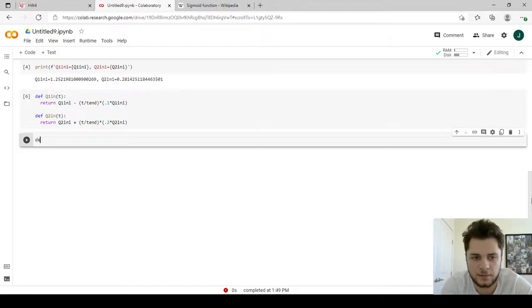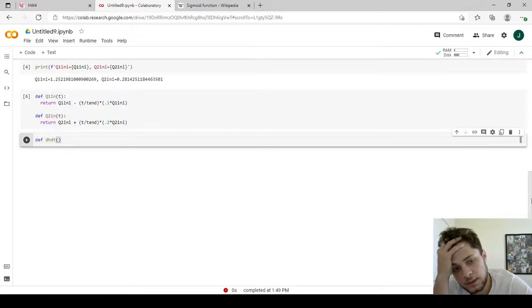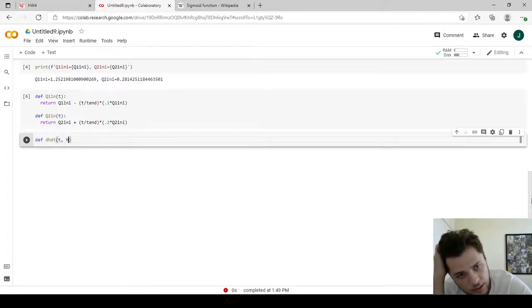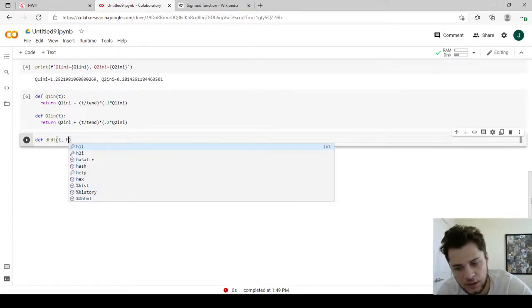So let's make a function that will find dH/dt. In our plugins we want time as our first one, and then we want our heights for tanks 1 and 2. So that's going to be an array.